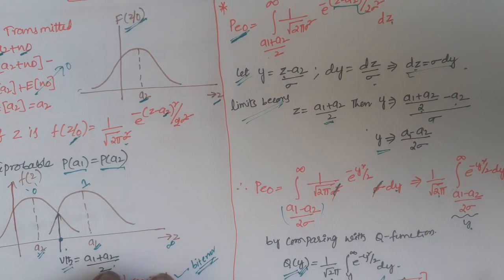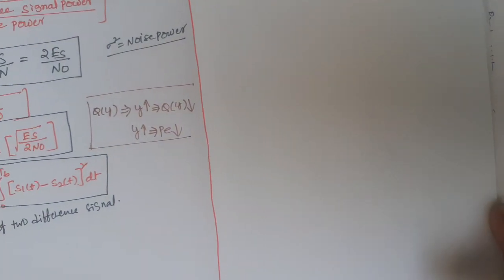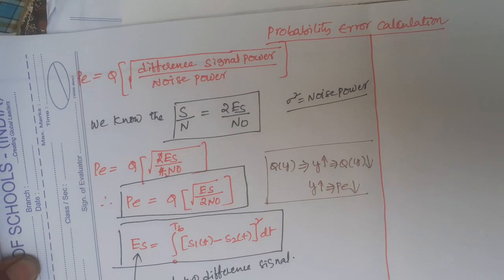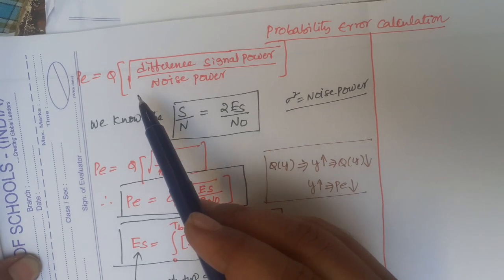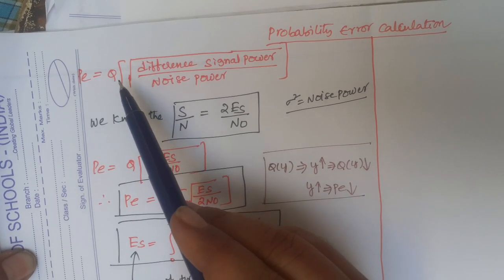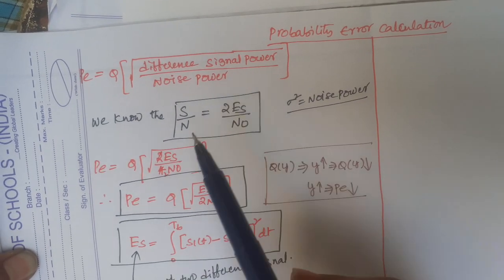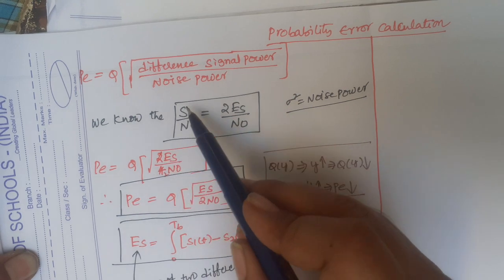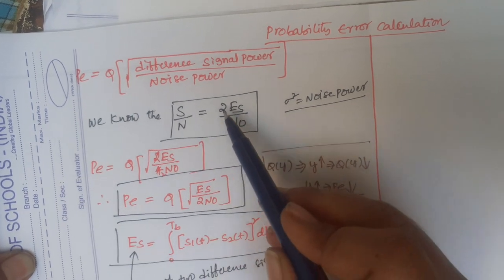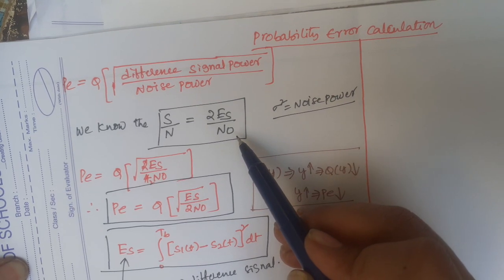Right? Now if you see here, the equation becomes the same equation. Once again I am writing here, probability of error is equal to the Q function of the difference signal power by noise power. We know that yesterday we calculated the signal to noise ratio is equal to 2 into Es by N naught, right?